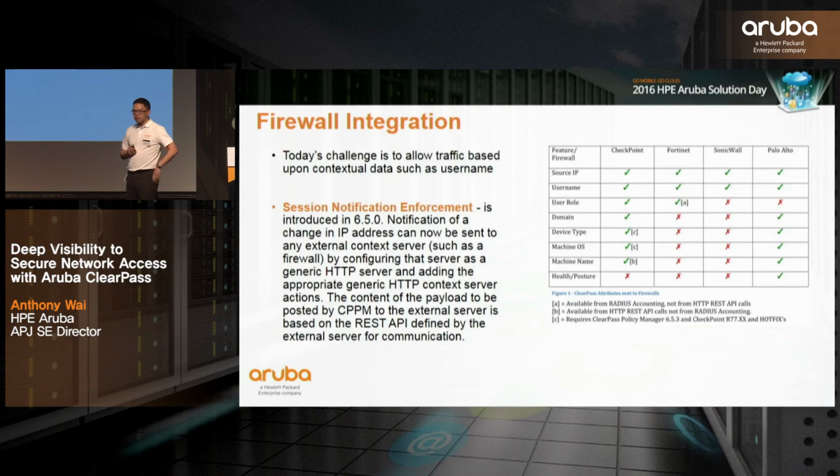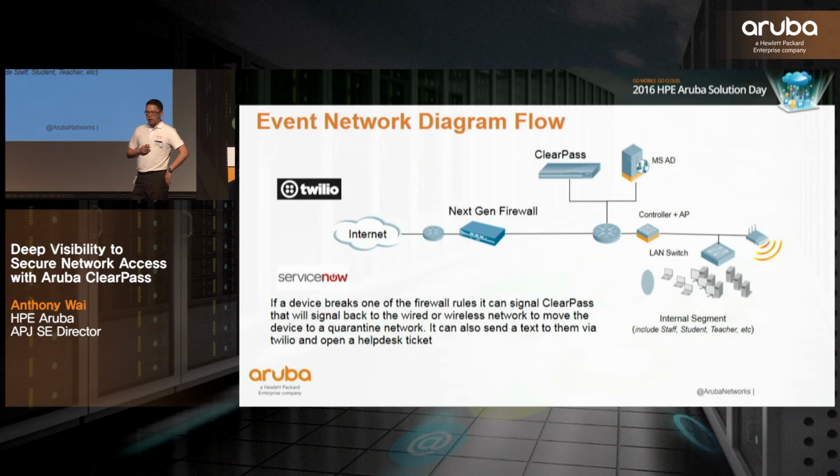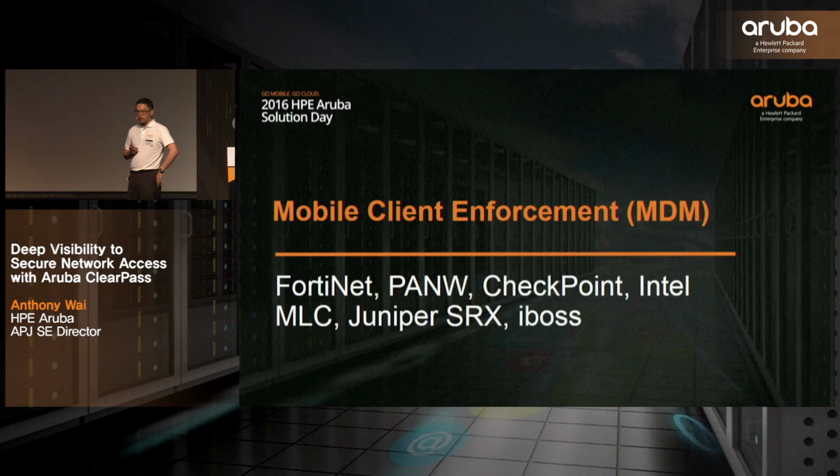I'm going to skip over this a little as I'm running short of time. Different firewall vendors can receive different messages from us and exchange differently. There's a comparison table. And as we trigger events, we can always make calls to ticket services or Twilio for SMS or service ticket creation through the network flow.